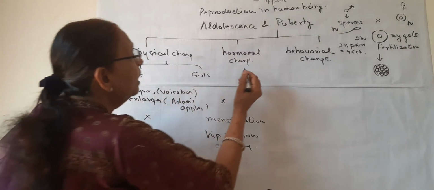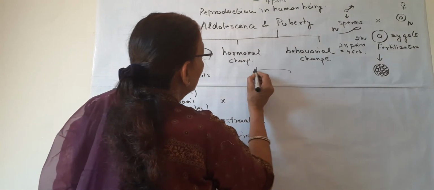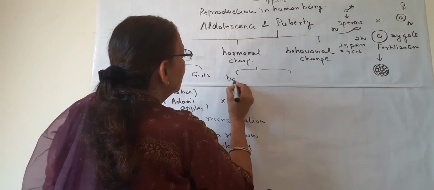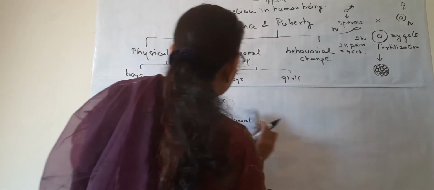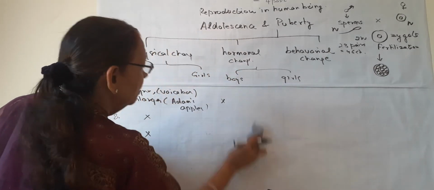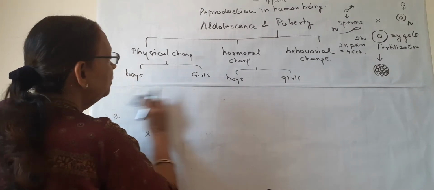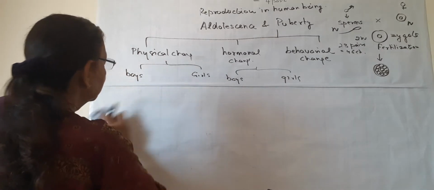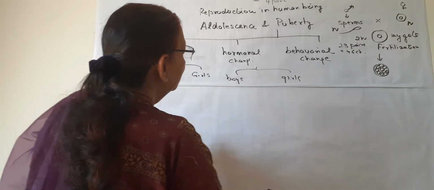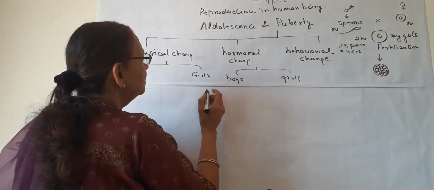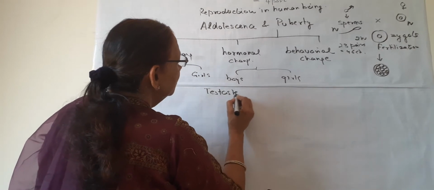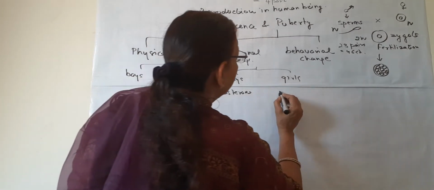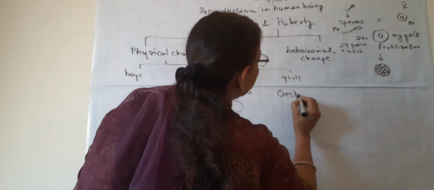Now about the hormonal changes. What about the state of hormones in boys and girls? We know two sex hormones are prominent in boys and girls. In boys, the male hormone is known as testosterone, and in females it is estrogen.